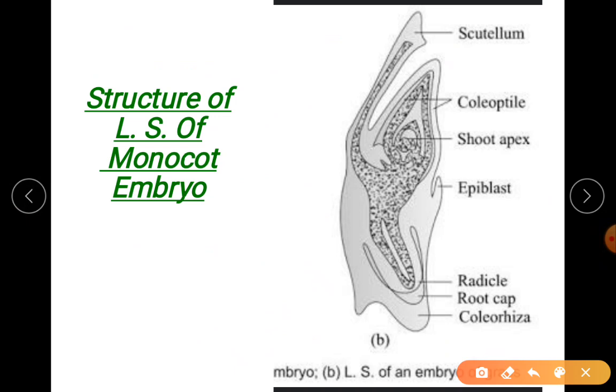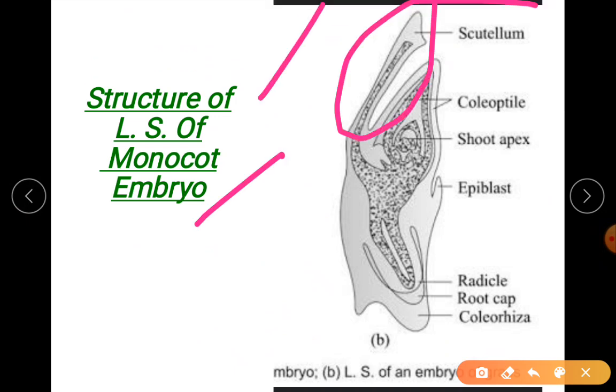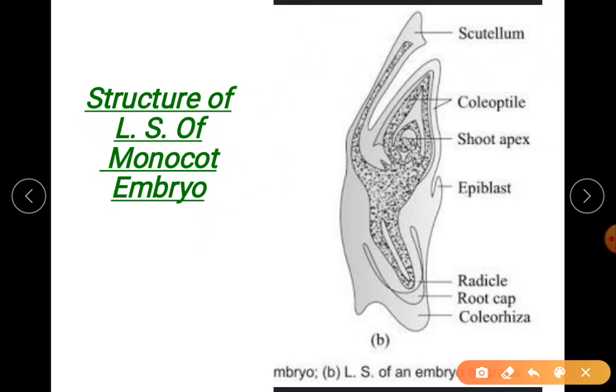Yes. So here observe carefully. In monocots only one cotyledon is present. So this is one cotyledon. The term is scutellum. There are even other new parts here. You can find around the shoot apex, this is the epicotyl part.